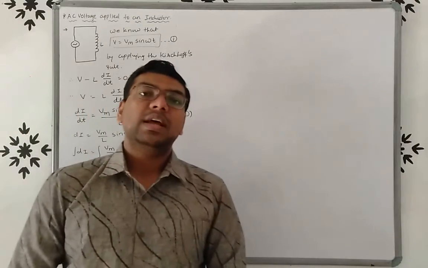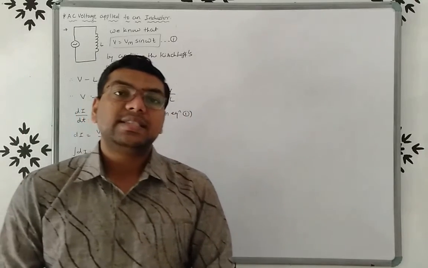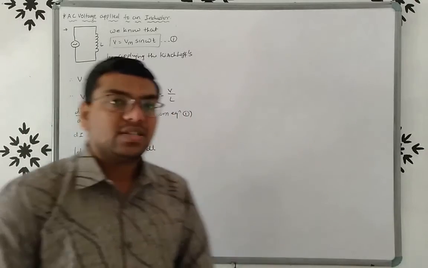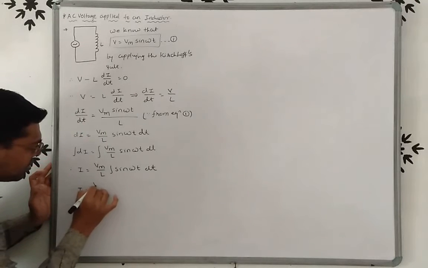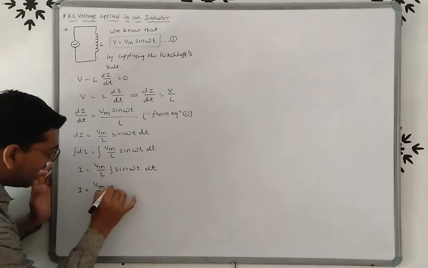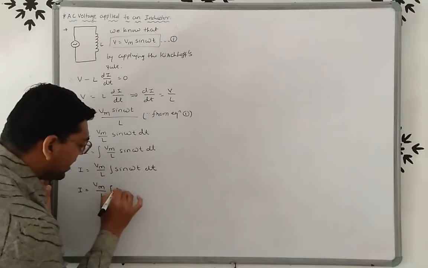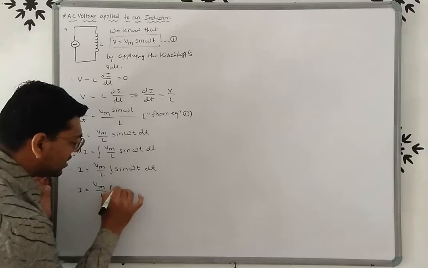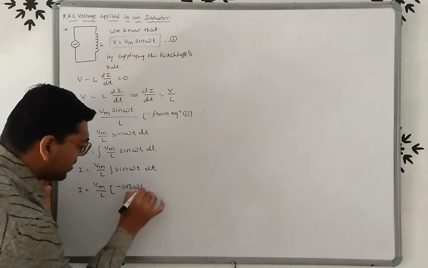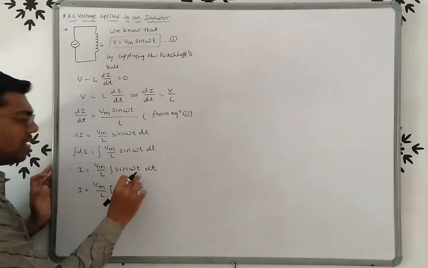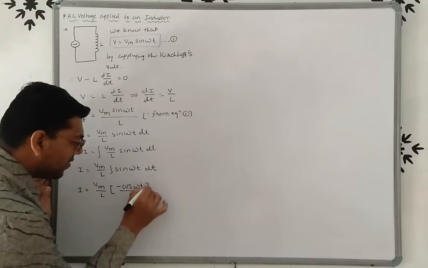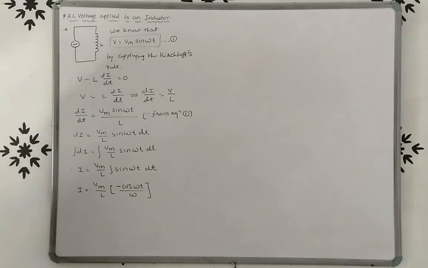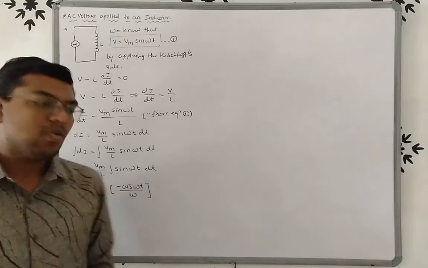Now integration of sin theta is equal to minus cos theta, right? So minus cos omega t, and here the multiplier of t is omega, so we divide by omega.